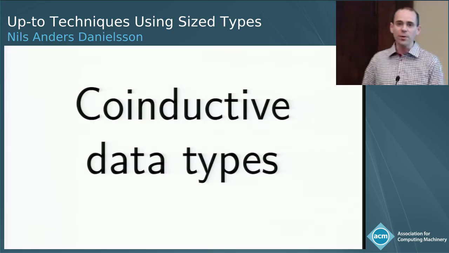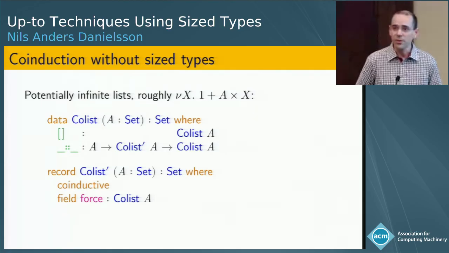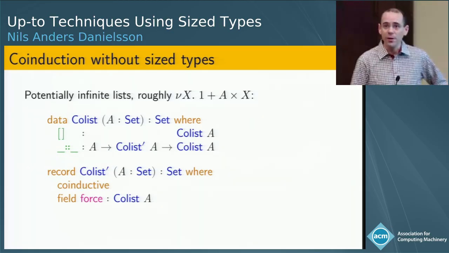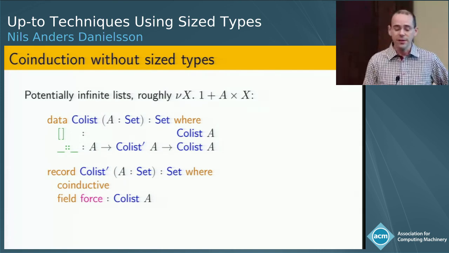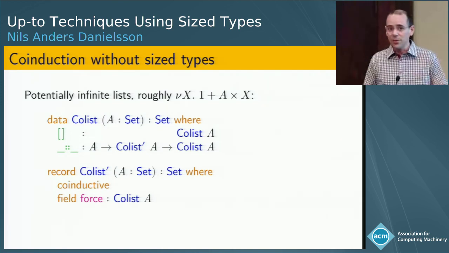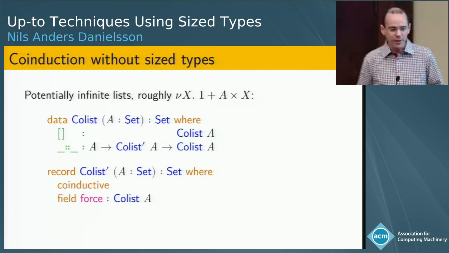So let's start with co-inductive data types, and I'm going to start with an example that does not have size types, so that I can show you how size types help you. This is a type of potentially infinite lists. I'm using Agda notation here because Agda is, as far as I know, the only fairly mature language with support for size types.